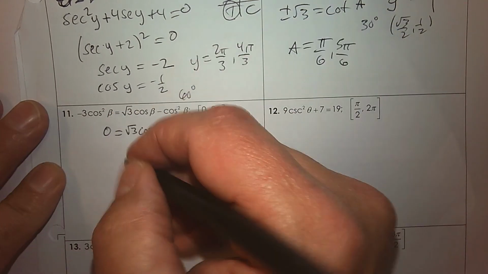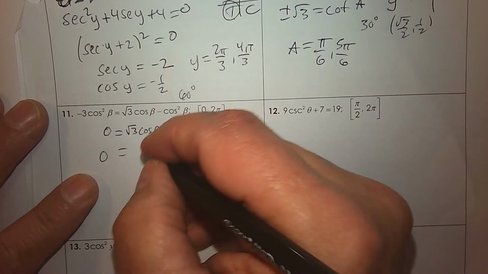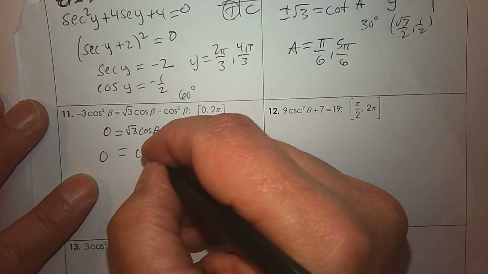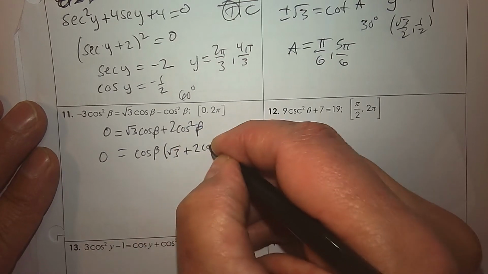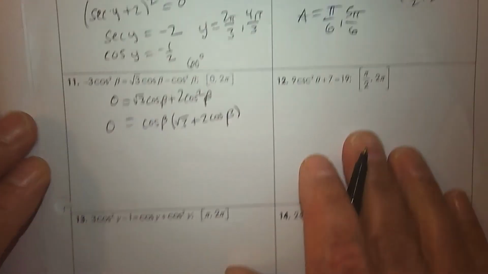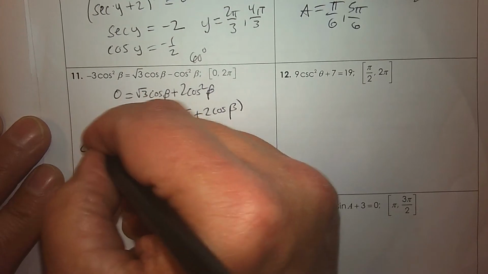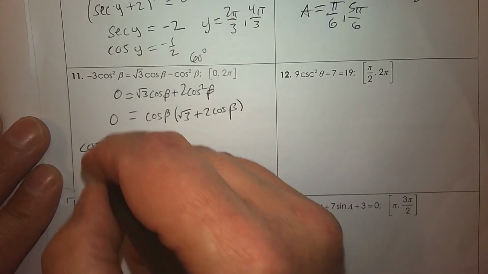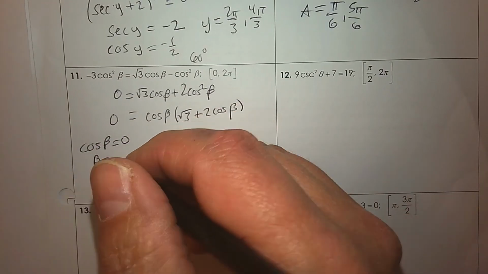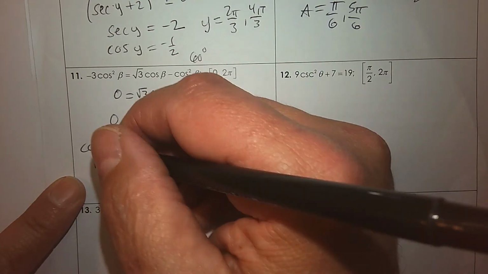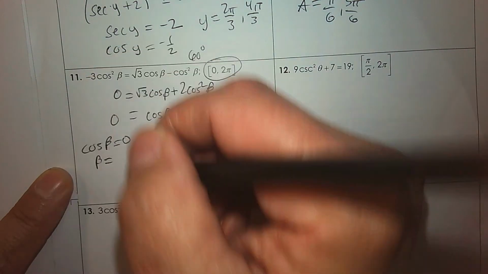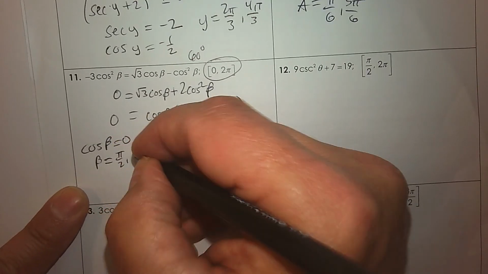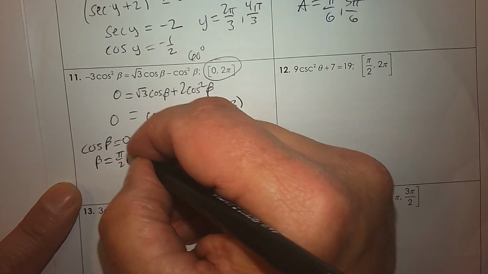And then I'm going to factor out a cosine and be left with root 3 plus 2 cosine. And then those are my two possible answers. So cosine beta could equal 0. So what angle is the x-coordinate 0? So the answer is, and within this domain restriction, it's all 4 quadrants. So that's at pi over 2, and the other possibility is 3 pi over 2.